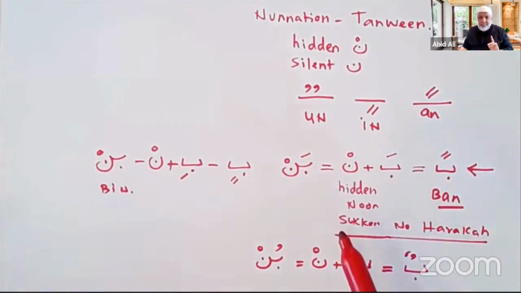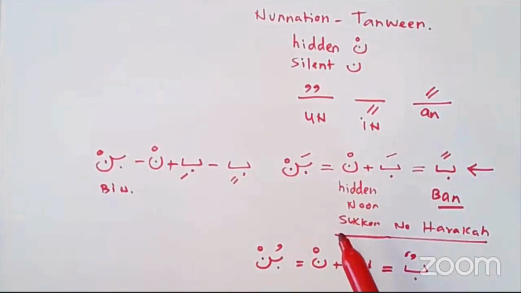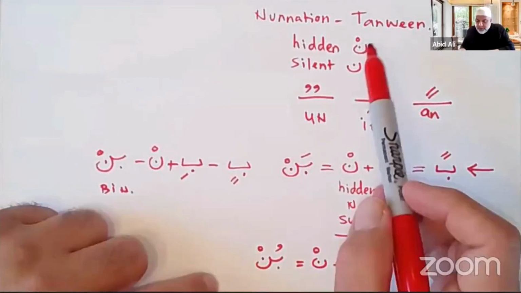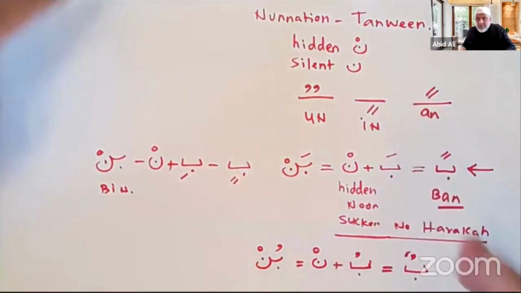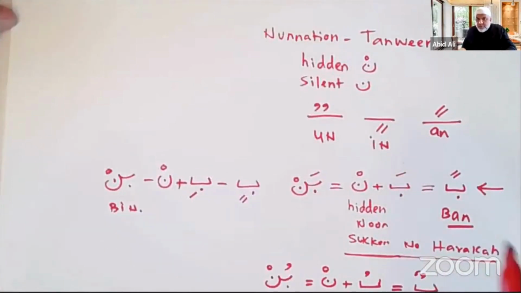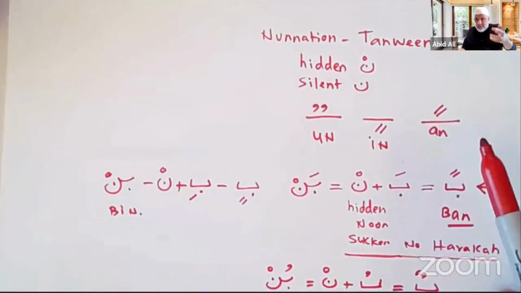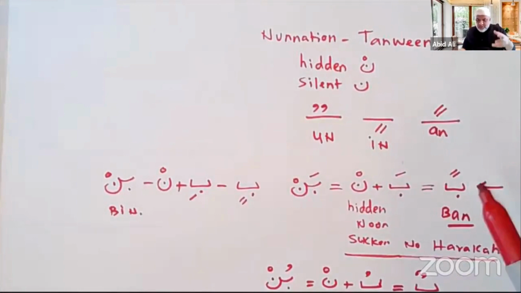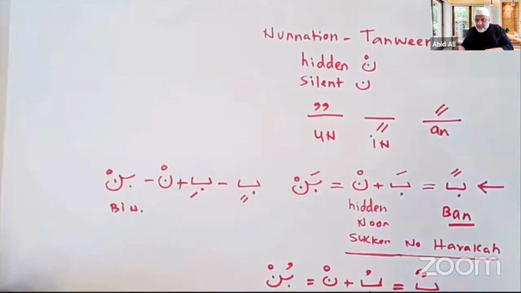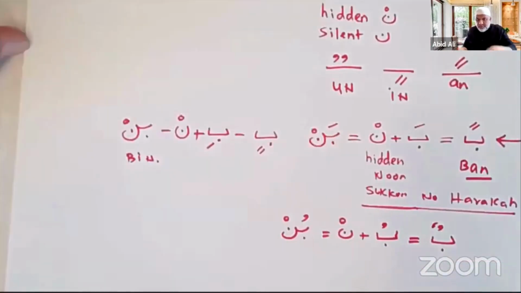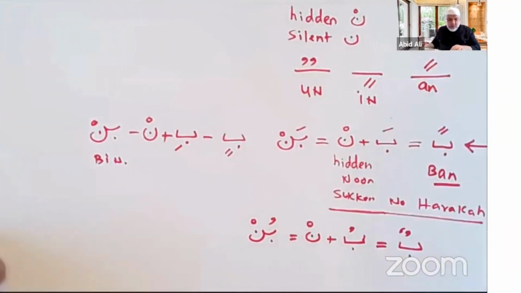Is that clear? Yes. Okay, so that is why they call it tanween, and tanween is so common in the Quran. That's why there are rules of tanween, where we get idgham, ghunna, ikhfa and all that. This is very basic level knowledge, but it will really help you with tajweed, inshallah.